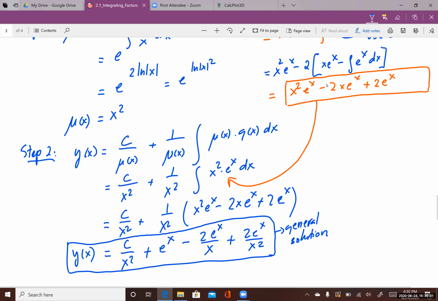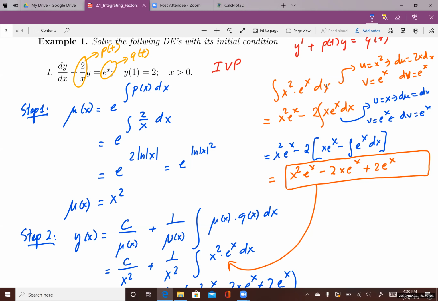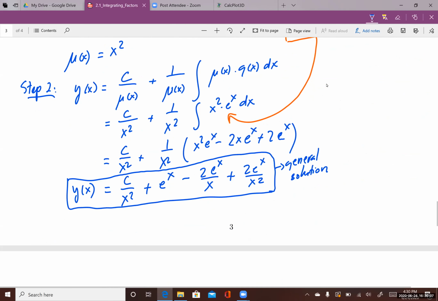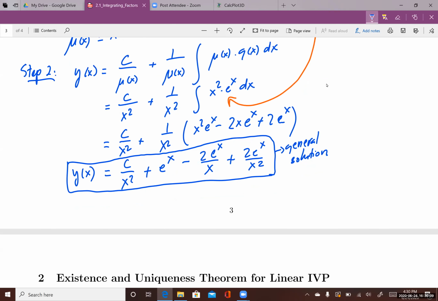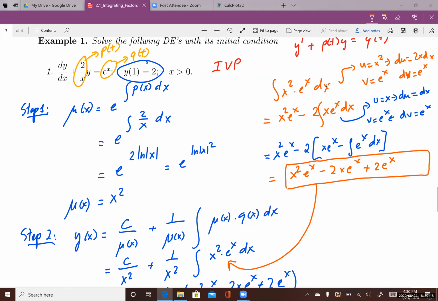Now, this is an IVP, so I need to find the particular solution. So I will just replace y of x equals 2 and x equals 1.